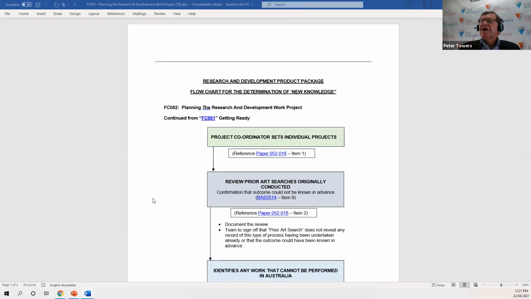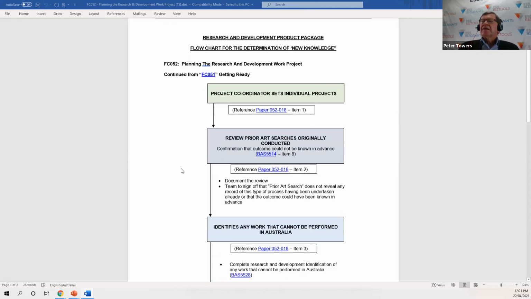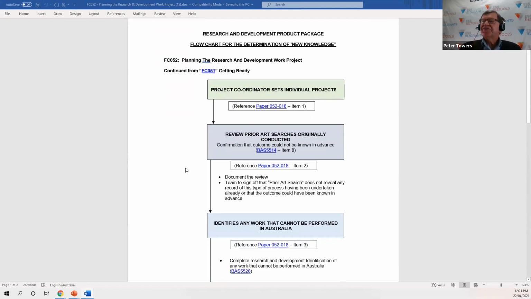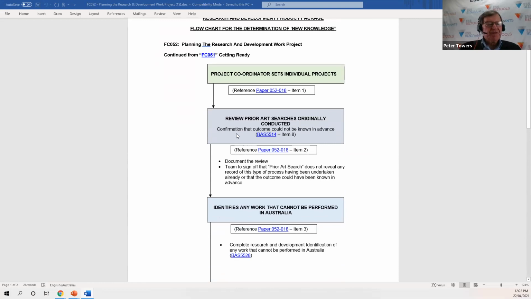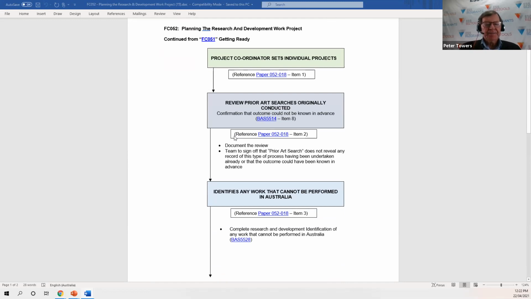What I'm sharing with you now is the flow chart relating to planning the research and development work project. So the project coordinator, first of all, I think should make sure before the company starts spending real money that the prior art searches have been conducted appropriately and the results have been documented.